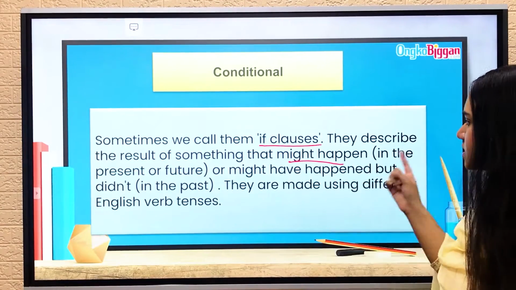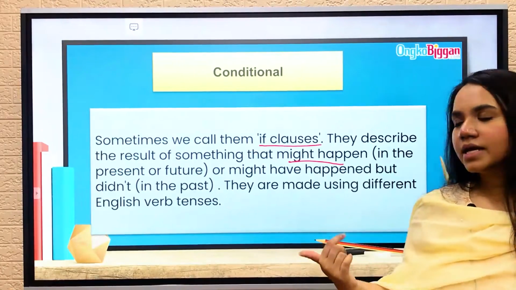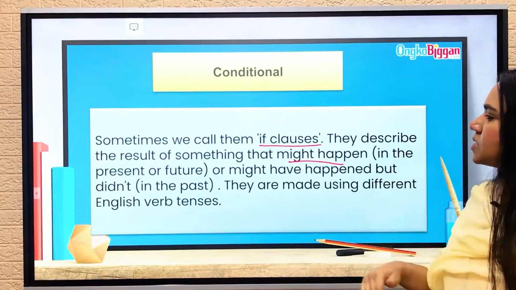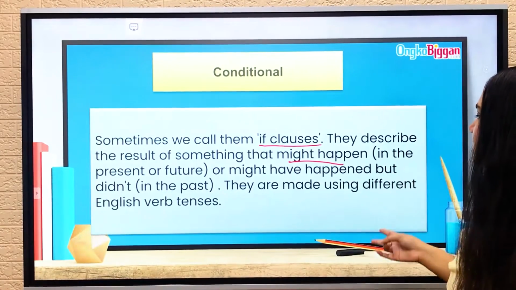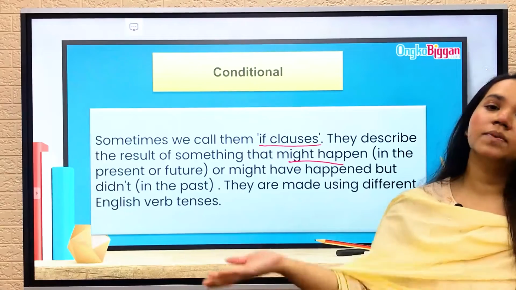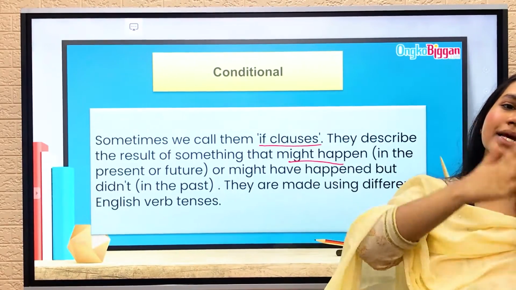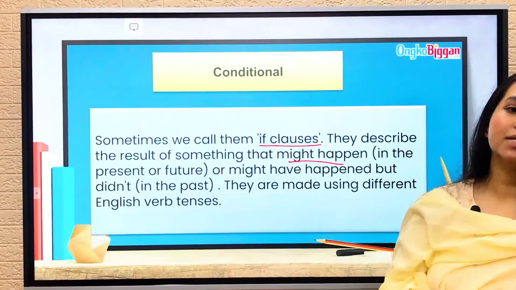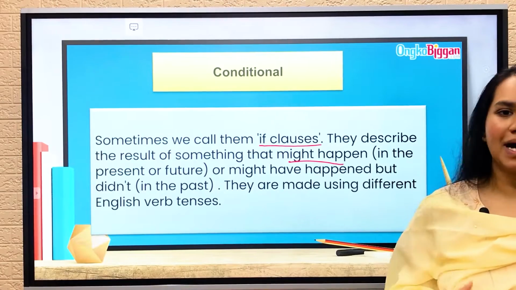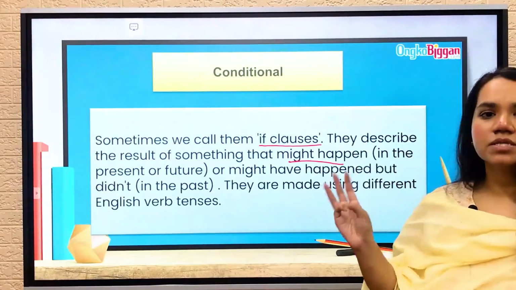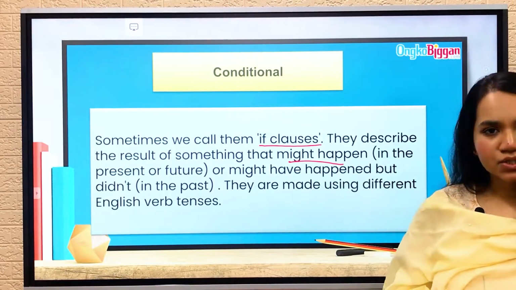First of all, there may be something that might happen in either the present or the future, but we do not know about it. And secondly, there is something that probably might have happened in the past, or maybe it did happen or it didn't happen in the past, but we are not sure about it. And that will definitely be in the past tense. So all the 3 uses of tenses are definitely very important while looking at the conditionals.